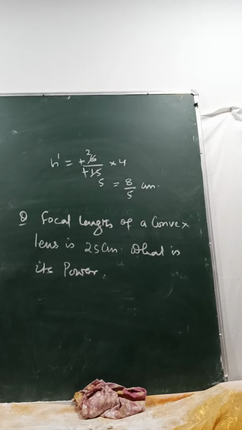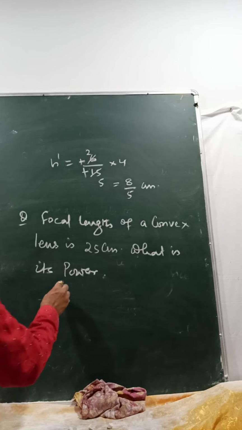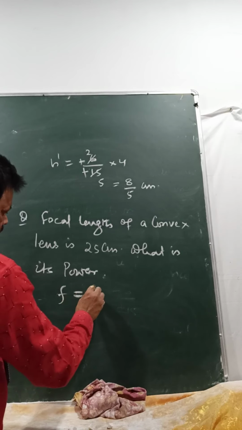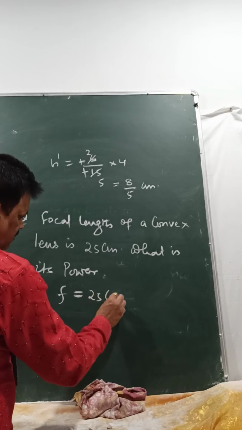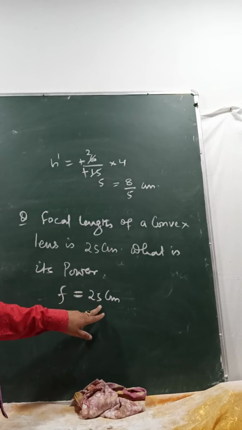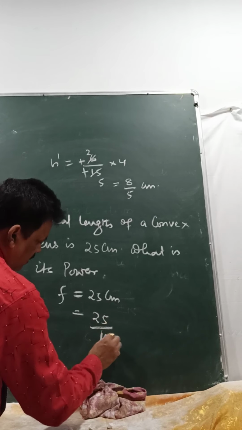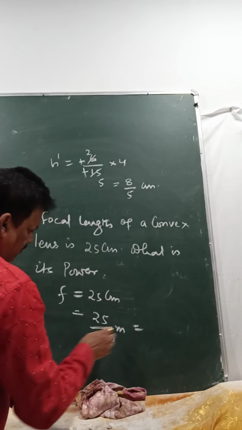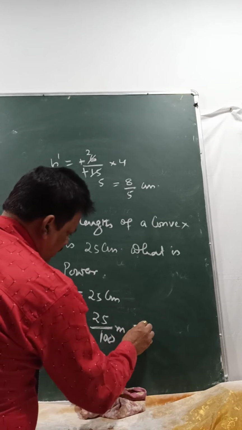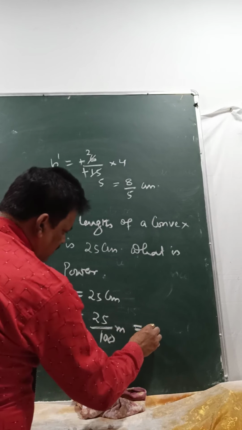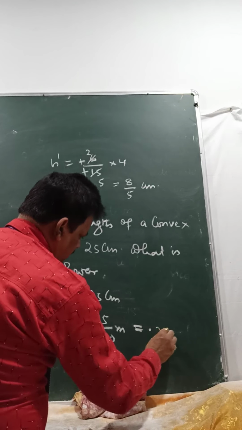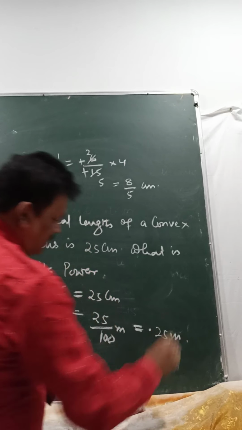Okay, the focal length equals 25 centimeter, but the focal length has to be in meter, so I have to write 25 by 100 meter, that is 0.25 meter.